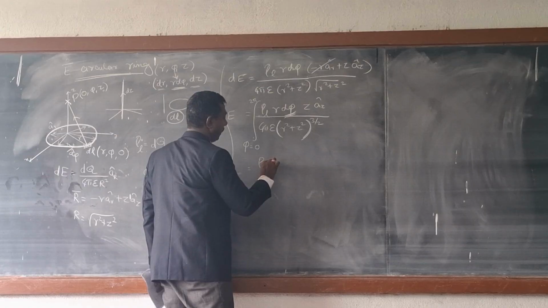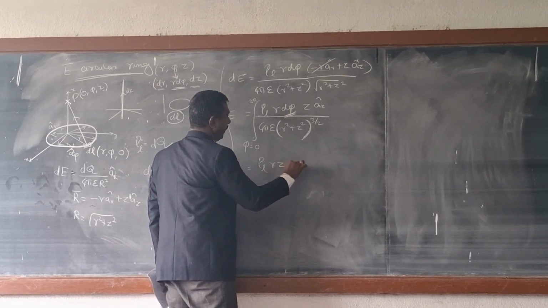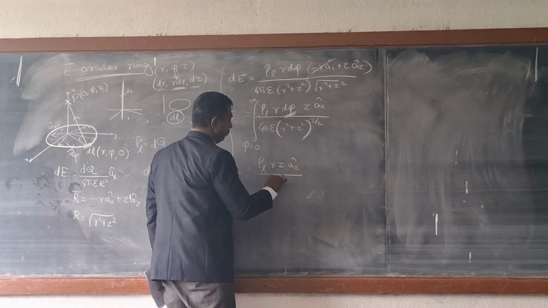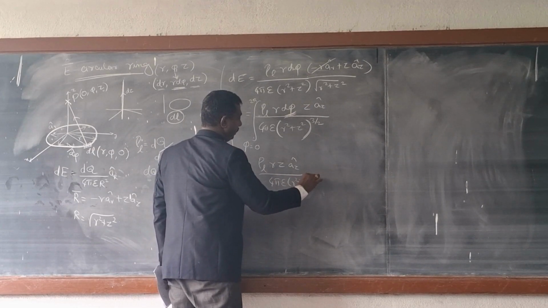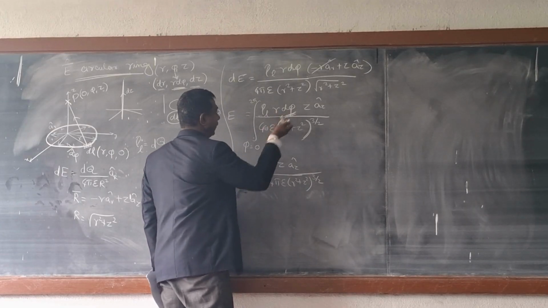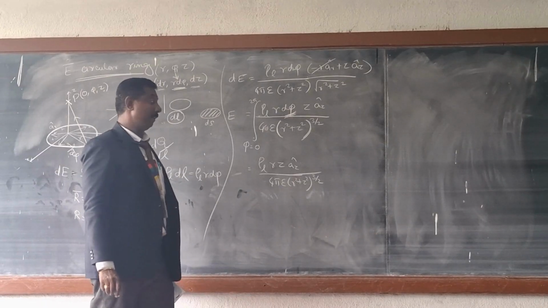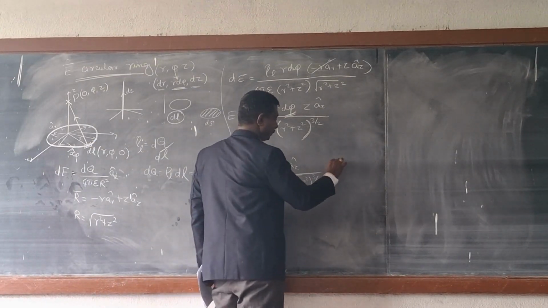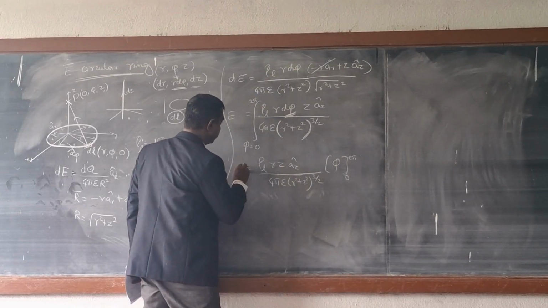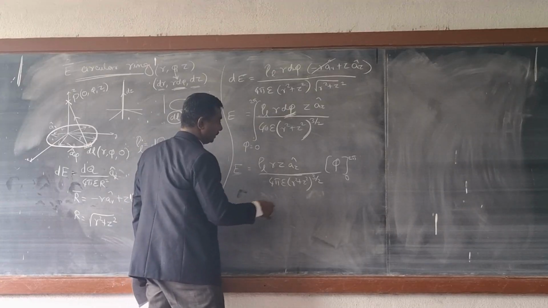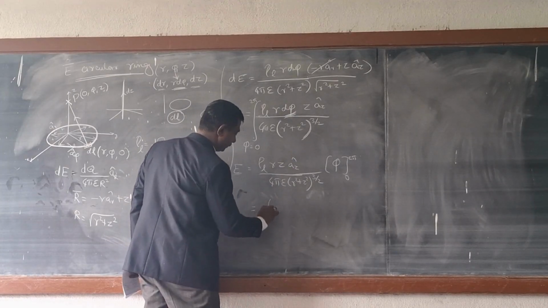So rho L r z a z cap by 4 pi epsilon r square plus z square whole power 3 by 2, integral dl, integral d phi. Integral d phi is phi. You substitute the limits. So what is the final expression? It will be 2 pi.